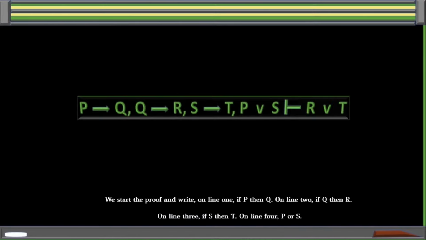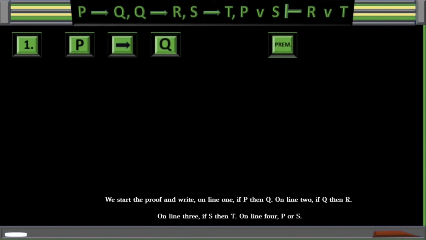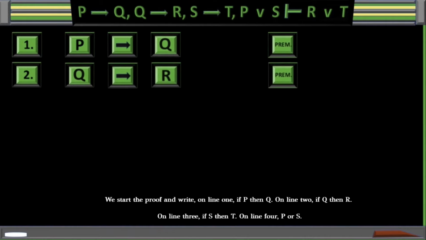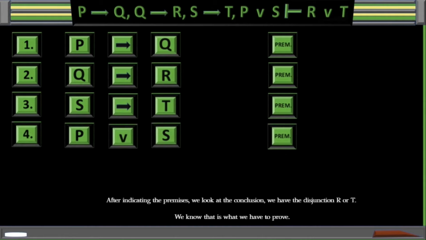We start the proof and write. On line 1, if P, then Q. On line 2, if Q, then R. On line 3, if S, then T. On line 4, P or S. After indicating the premises, we look at the conclusion.